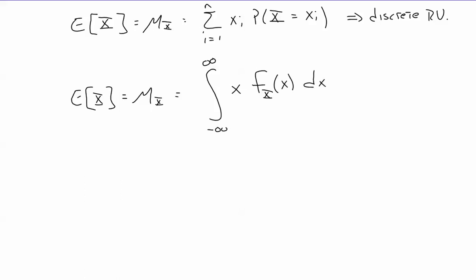So my summation becomes an integral, my discrete values become a variable, my discrete probabilities become a probability density function, and I average. This is actually true for both discrete and continuous random variables. So this is most commonly used for continuous random variables.